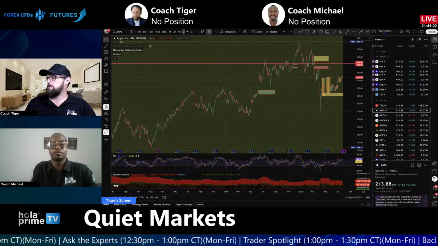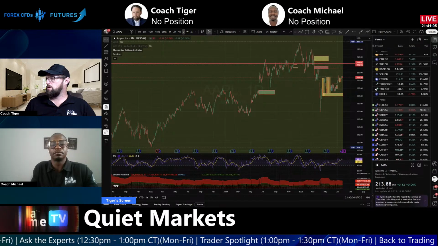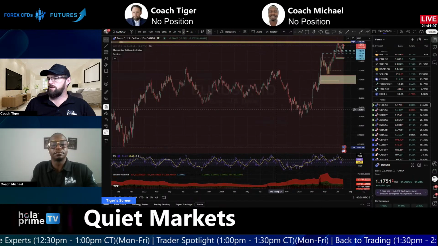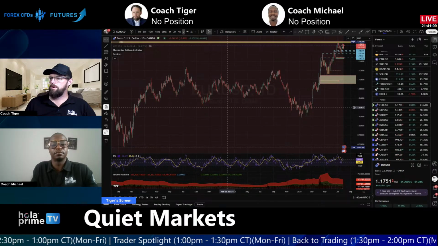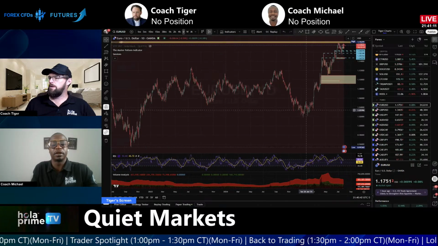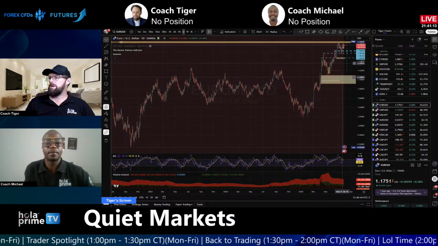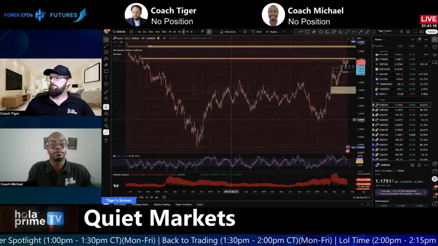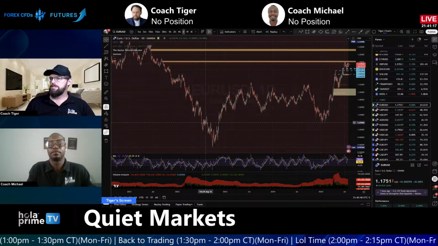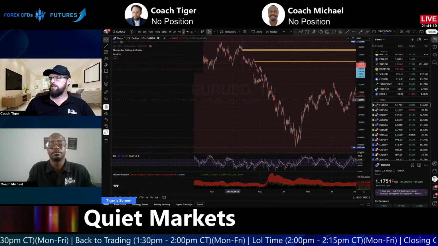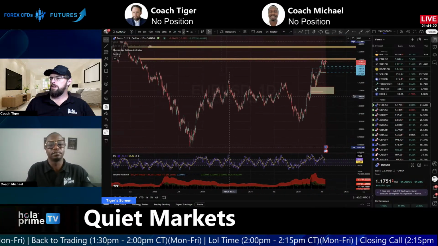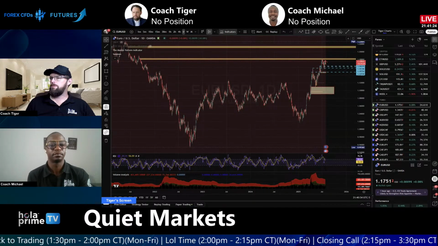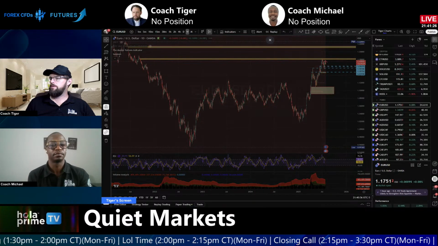These things move, but currencies are a little more of a challenge because they'll go sideways forever. When it does break, it'll make a pretty sharp run. Obviously, you're looking at a daily time frame there, but you get a lot of this sideways stuff.